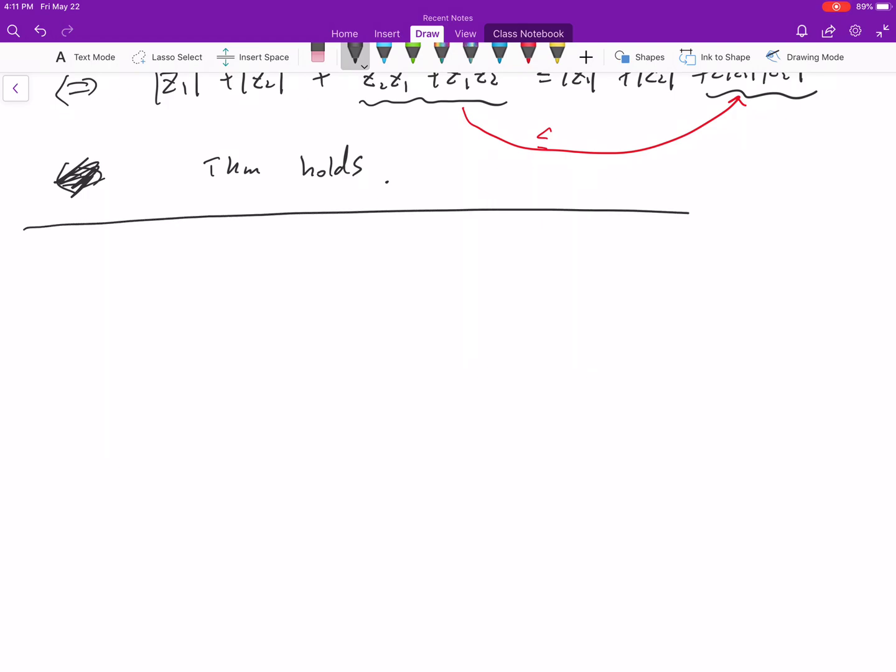Next, we introduce another convenient form for complex numbers. Just like in R2, we have rectangular coordinates and also polar coordinates. When we do multiplication, sometimes the polar coordinates are more convenient. So suppose you have a complex number z, then you can write it as r times exponential i theta.